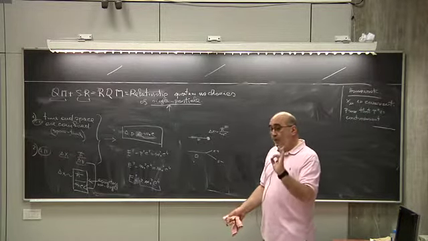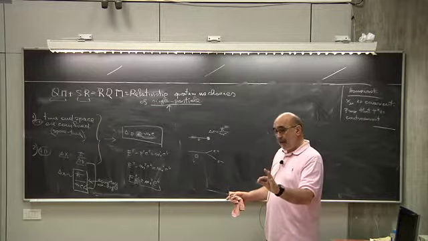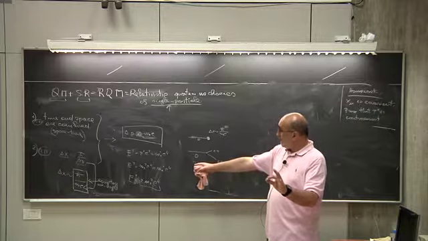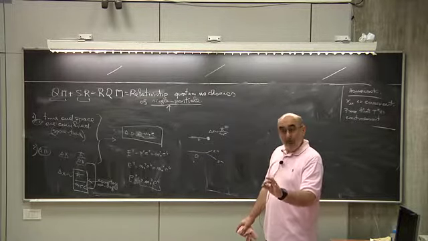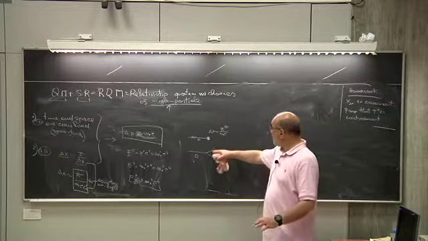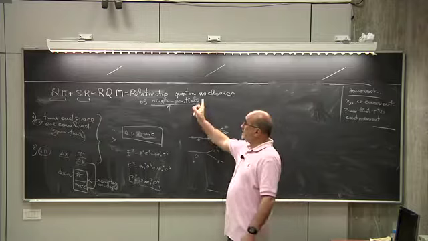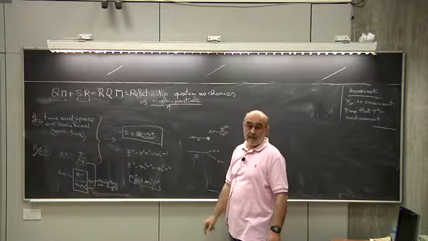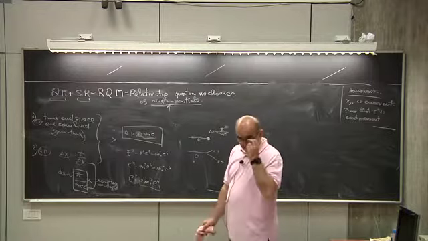So if you don't want to create other particles, at most you can localize a particle in a distance of its Compton wavelength. You can go beyond, but the price you pay is that you create other particles. So this is the crucial ingredient that is never stressed enough in papers, okay? Question. Please.